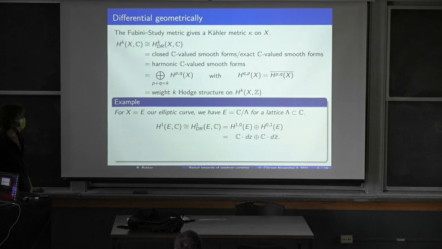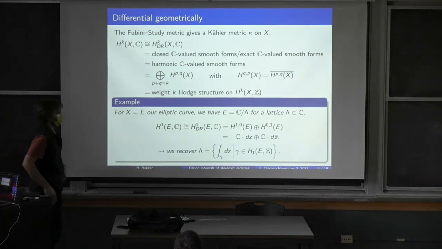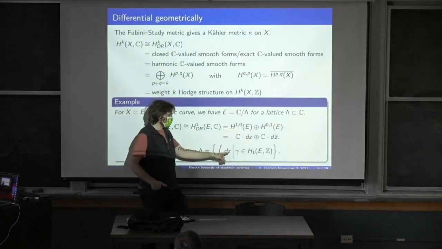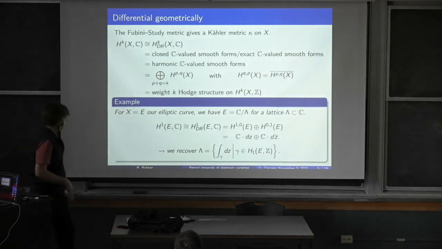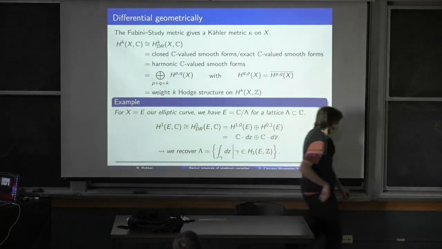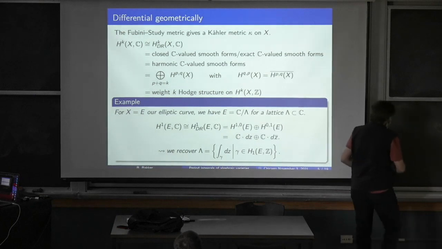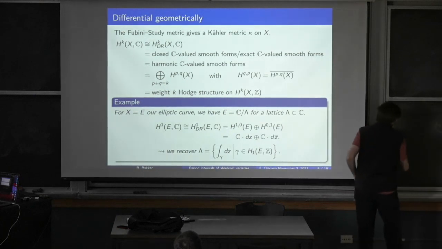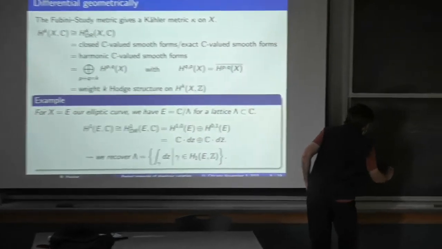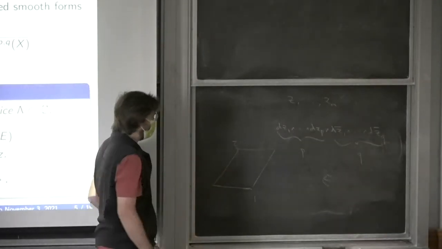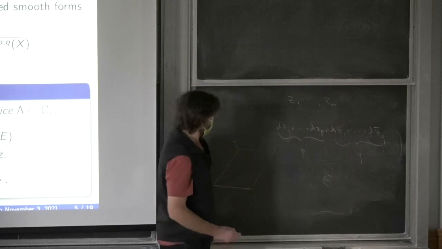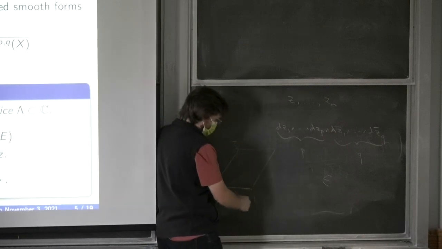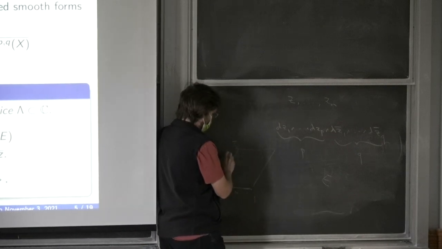And we can in fact recover the lattice by integrating this holomorphic form dz along all homology cycles, right? Indeed, if we think of E as a quotient of, say, this parallelogram generated by 1 and the complex number tau under translation by 1 and by tau, then the integral along this path gives us 1, and the integral along this path gives us tau.